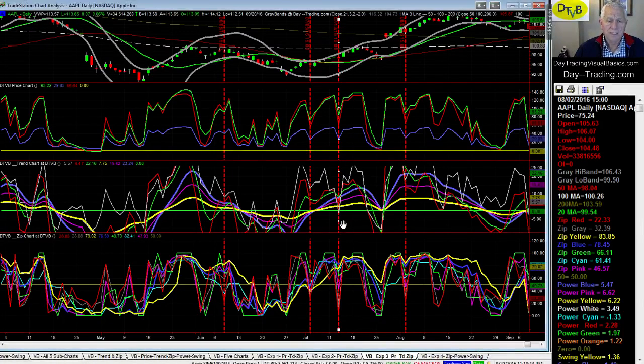Notice here, the 2 days after this vertical line, we have a red doji candle. It's typical that red peaks last for one day. Not always. Some people just like to hang on, and they would ride this uptrend for 3, 4, 5 days. Some people like to get in and get out at the end of the day. So whatever your style, just keep that in mind. A red peak and a red spike are typically one-day patterns.